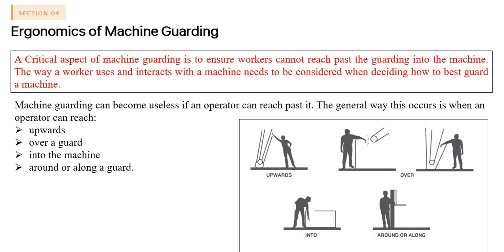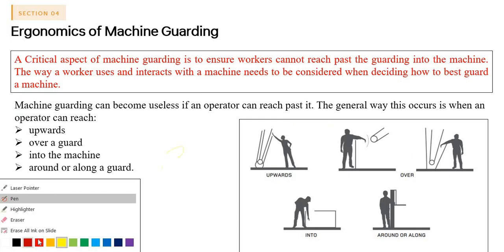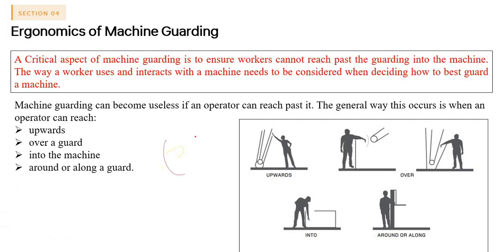A critical aspect of machine guarding is ensuring that workers cannot reach past the guarding. Whenever you are designing any kind of guarding, always ensure it provides 360 degree coverage.